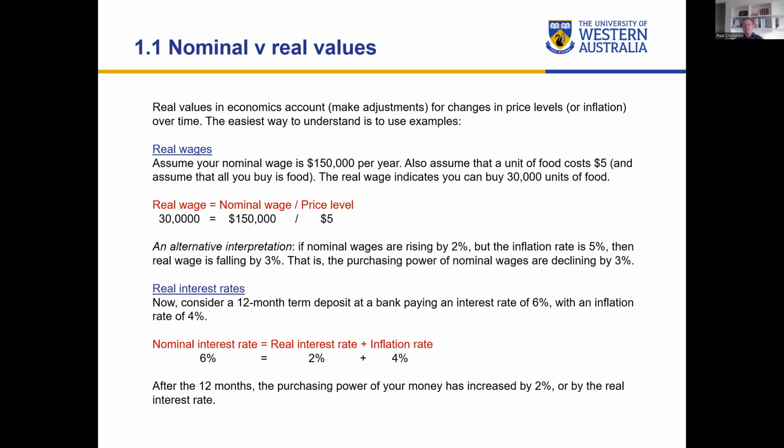They're not informative measures of these different variables. And if you can explain why nominal interest rates are meaningless and why nominal wages are meaningless, then you've probably actually understood this concept quite well.